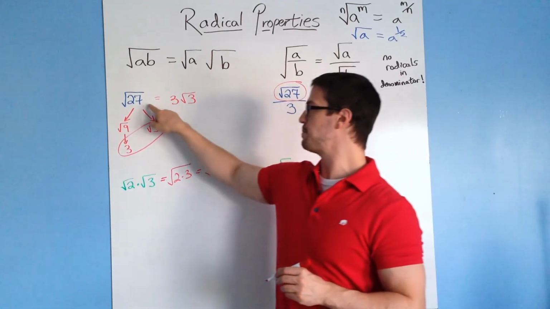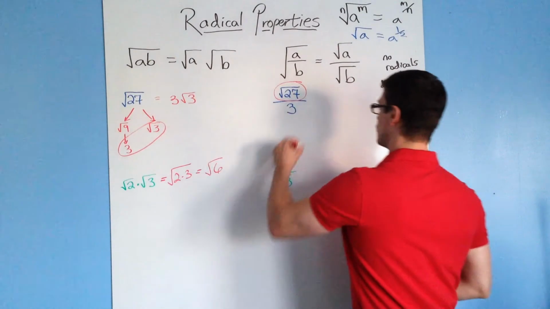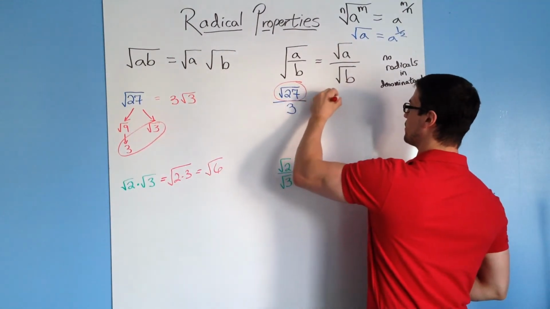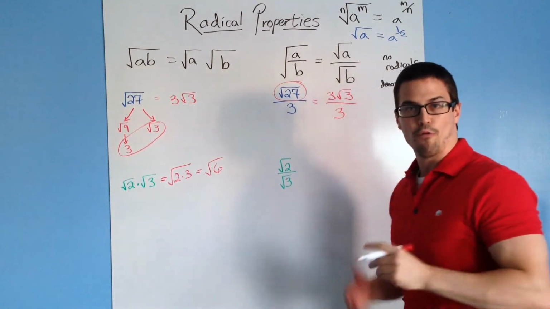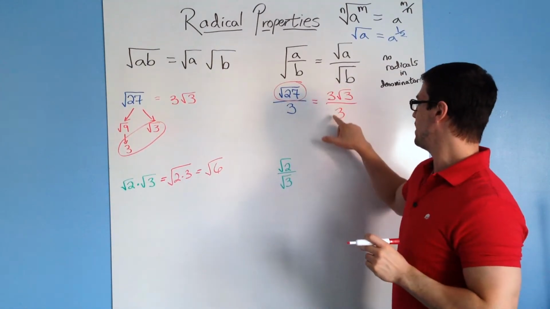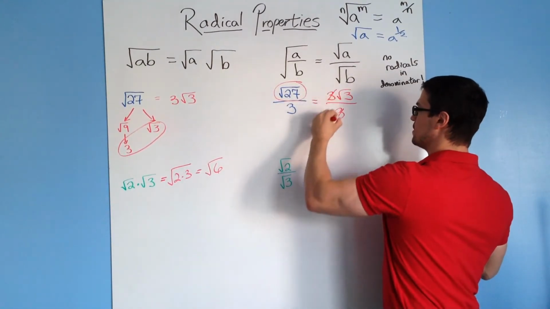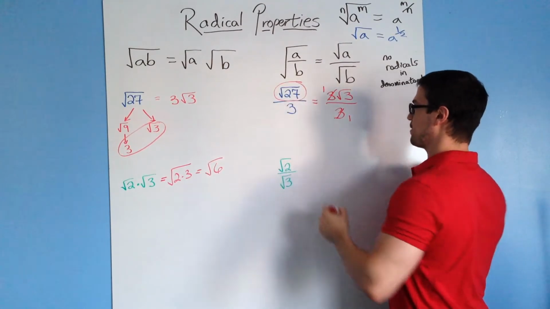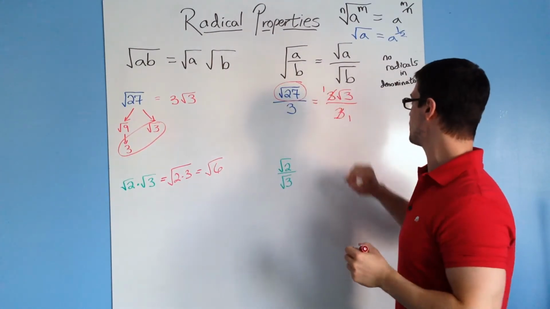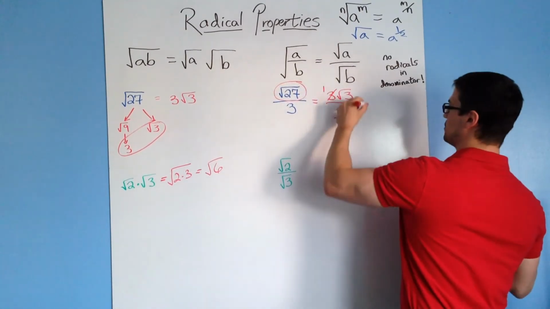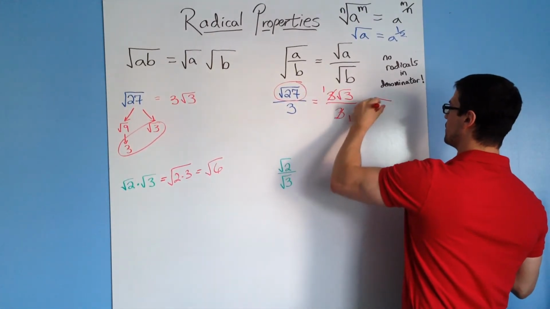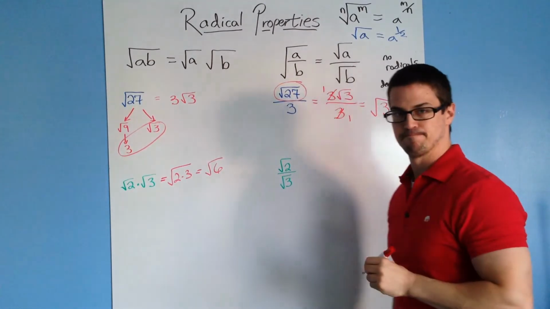In this case, we know that it breaks down to 3 root 3, so I'm going to write 3 root 3 at the top divided by 3. Hopefully you see that you can divide this 3 by this 3 here to get 1. So 3 divided by 3 is 1 over 1. That's what these 1s represent. And you end up with 1 over 1 times root 3, which, as you should know, is root 3.